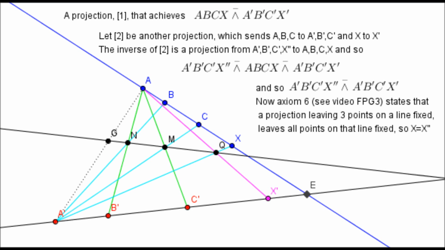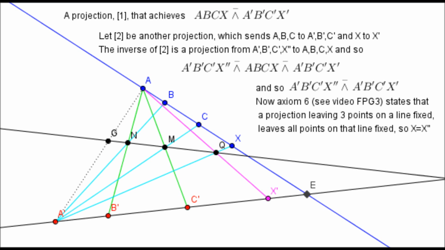And now, drum roll, we can use one of our fundamental axioms of projective geometry, in particular the axiom that if a projection leaves three collinear points invariant, then it leaves all the points on a line invariant.